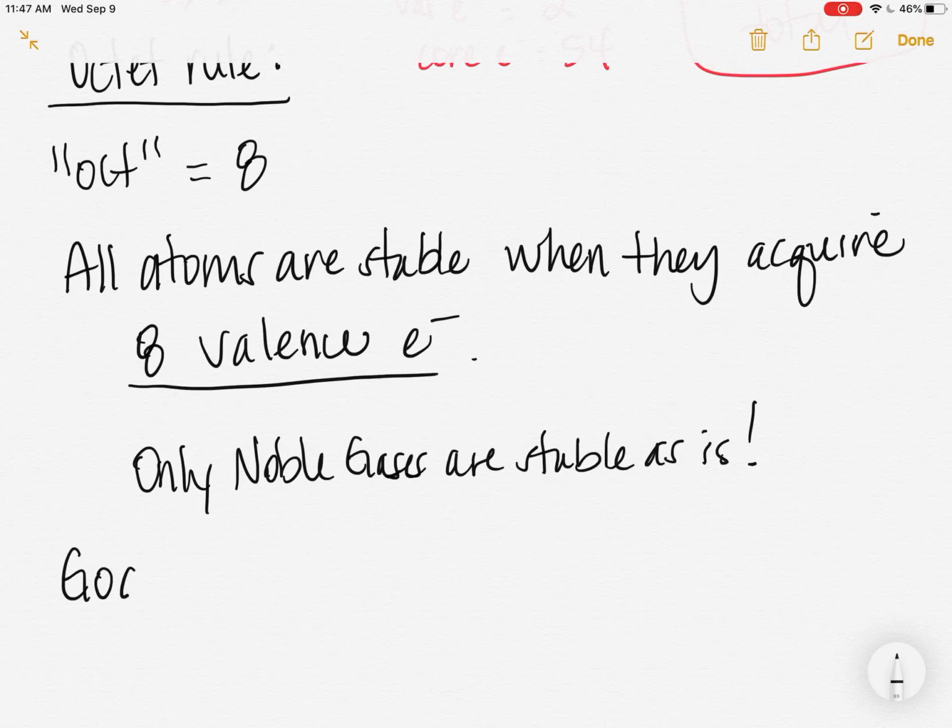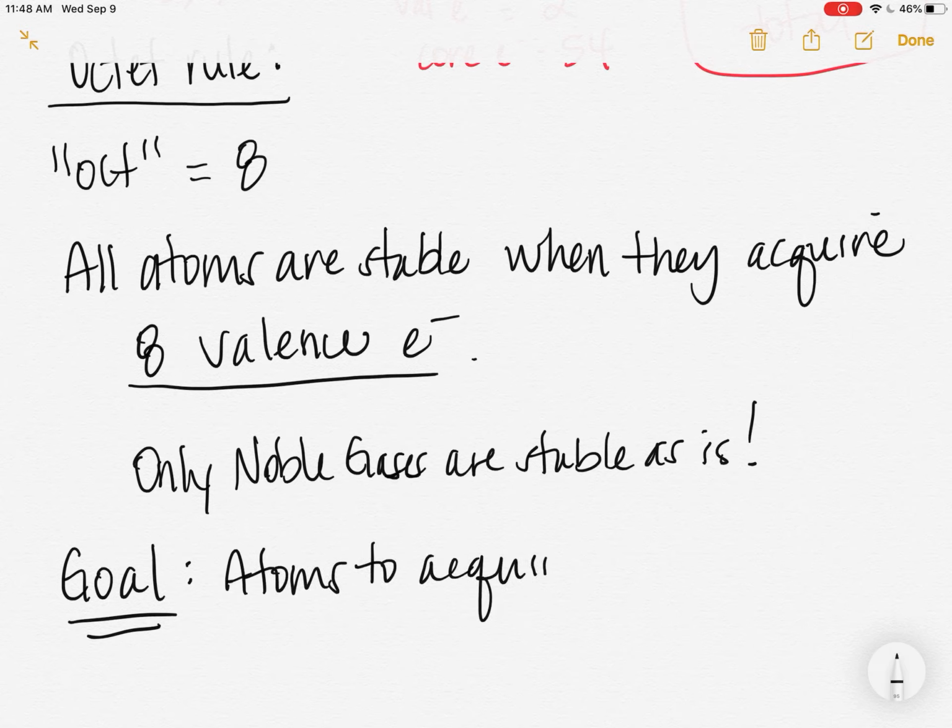Everybody else is unstable, and so they have a goal, and here is one of the biggest takeaways in chemistry. The goal is for atoms to acquire 8 valence electrons to achieve stability. Now, how do they do it? How do they acquire 8 valence electrons?